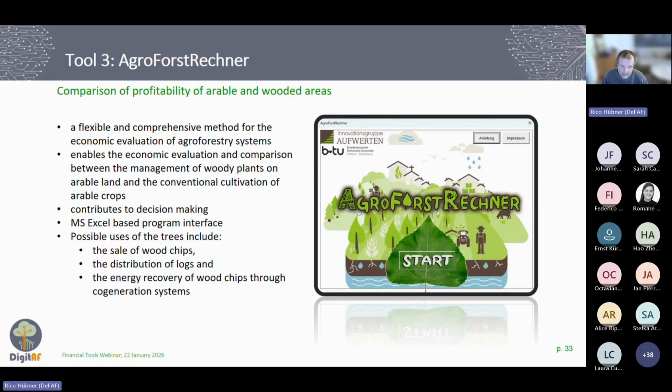So it's a very simple program. It runs in Excel. It uses macros, and it's also easy to customize the default values according to the market situation or according to the preference of the farmers.